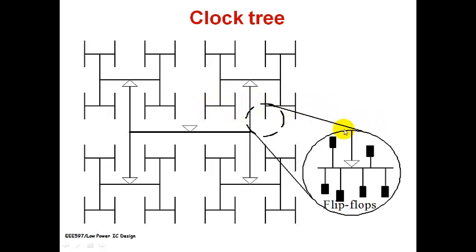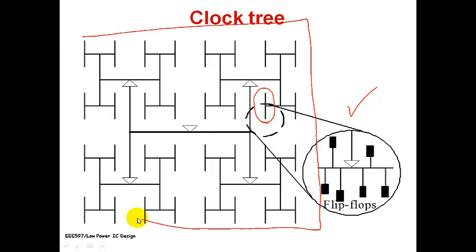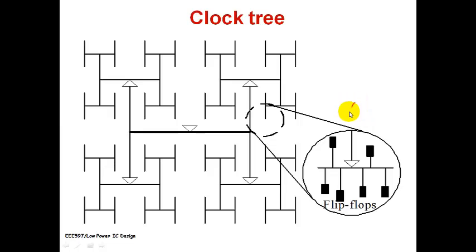You have all the flip-flops, latches and other timing elements supplied by the clock I get out of it. Considering this to be the total chip area, the total chip area is supplied by the clock for the timing elements.